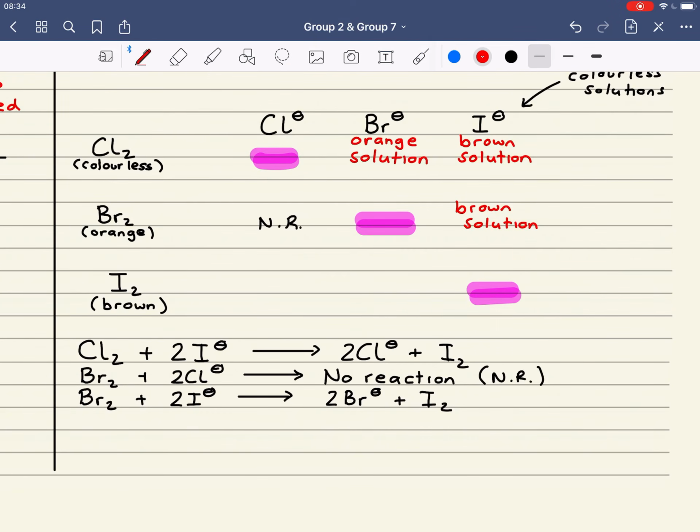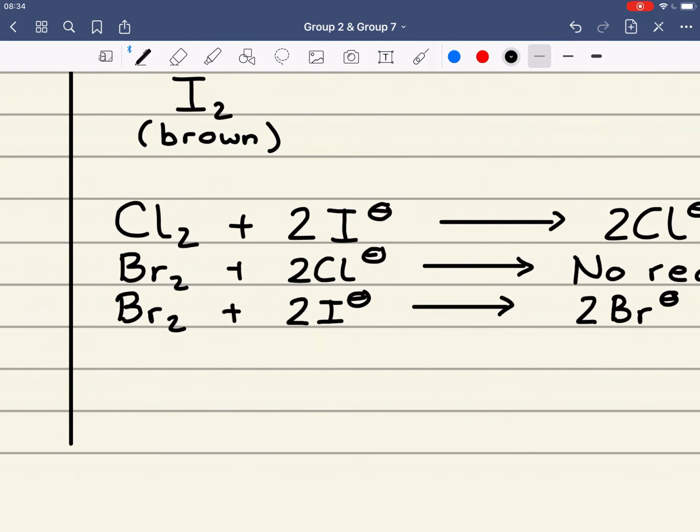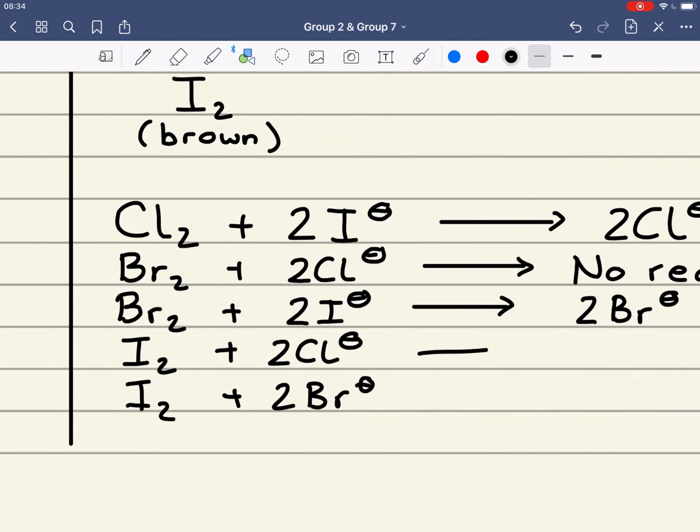Now, the next two are both where we've got iodine as my oxidising agent, I2, so I2 plus 2Cl minus and I2 plus 2Br minus. I'm hoping by now you can see that the iodine is the weakest. This iodine here is the weakest oxidising agent. It's got the least ability to attract electrons.